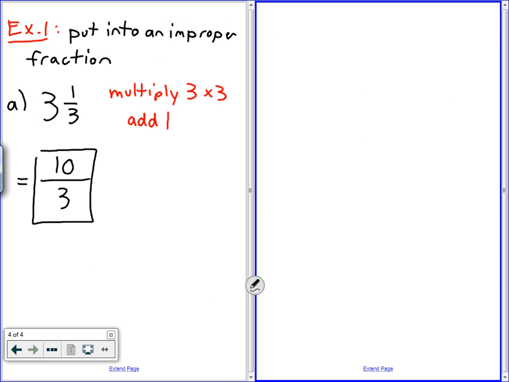This is going to be a little bit bigger, so you may need a calculator for this one. 4 1/8. Oh my goodness. You have about 20 seconds to try this one out. If you're not sure how to do it, raise your hand and we'll go through it. I'll pick on Kyle here in a second.